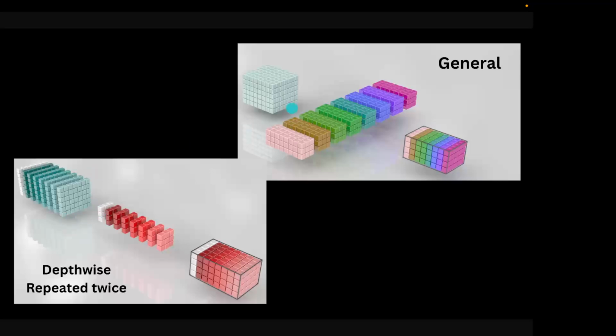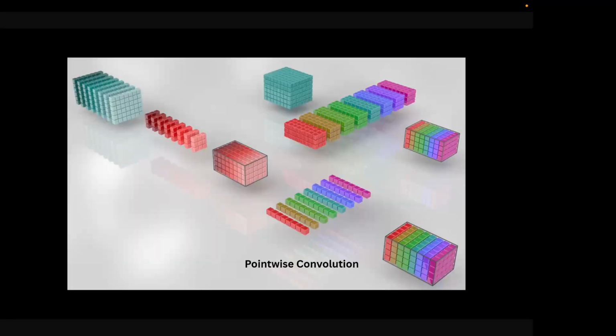But in general convolution, each of the channels in the output feature map has some shared information from all the channels in the feature map. So that is actually an issue. So this is not fully replicating the general convolution.